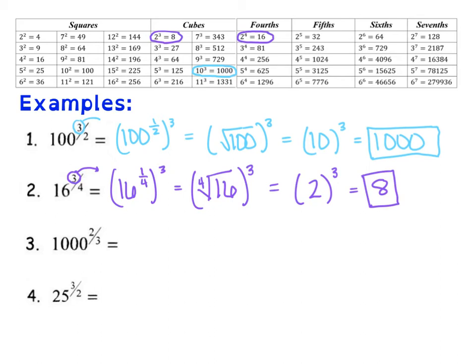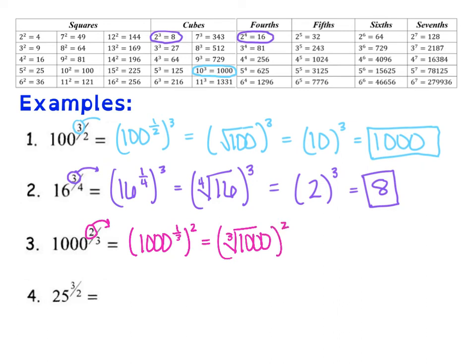How about 1,000 to the 2/3 power? I take the 2 out and say it's 1,000 to the 1/3 and then squared, because that really makes 2/3. So that gives me the cube root of 1,000 squared.